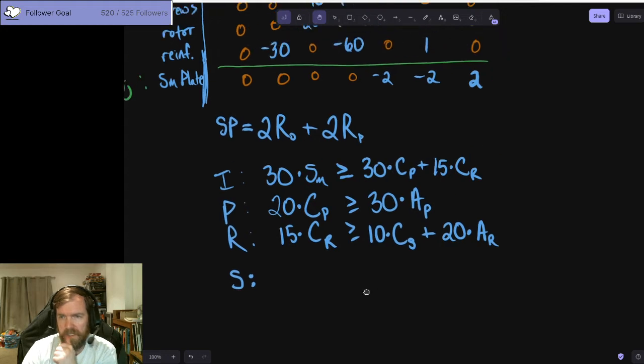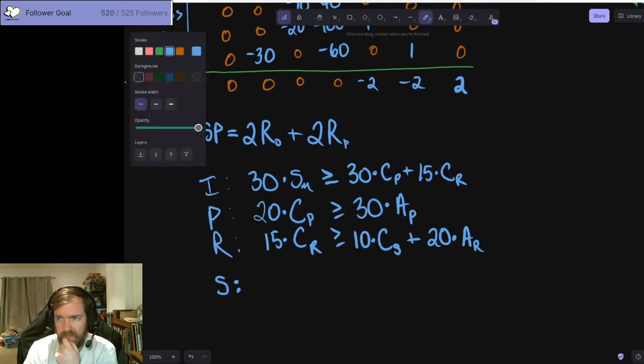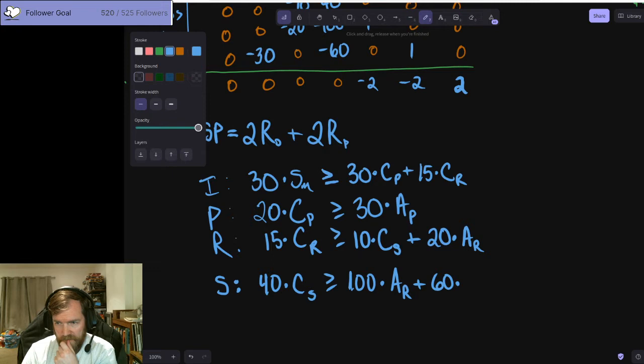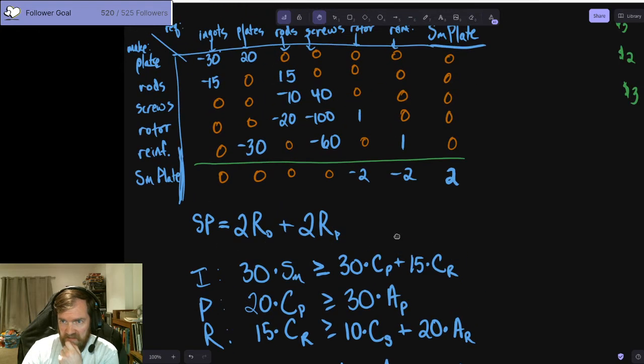Yeah. 40 times the number of constructors devoted to screws must be greater than or equal to... The usage is off the chart for this stuff, so hooray. 100 times the number of assemblers devoted to rotors plus 60 times the number of assemblers devoted to plate. Ugh.